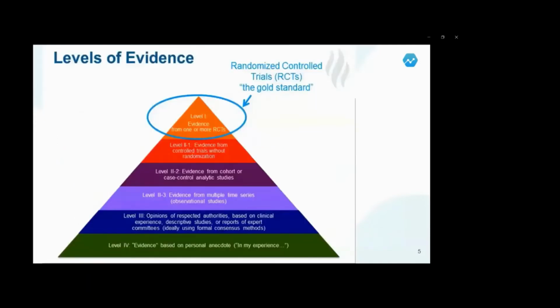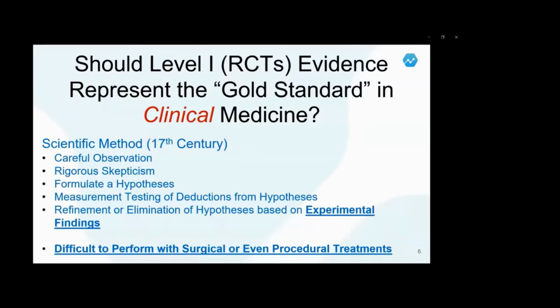So we have observations. We look at those observations. We start advancing to higher levels of research or evaluation of care until we get to this gold standard of the randomized, placebo-controlled, double-blinded trial. And yet, we're not sure if that's really the best thing. We're told that. So should it really be the gold standard for clinical medicine?